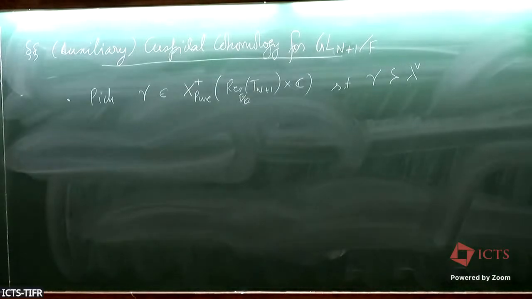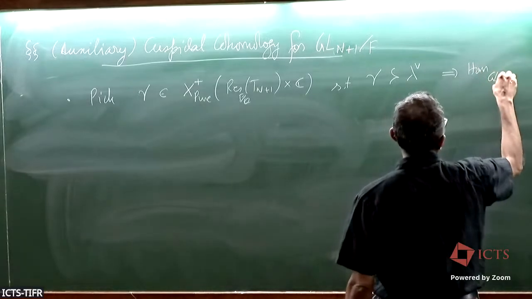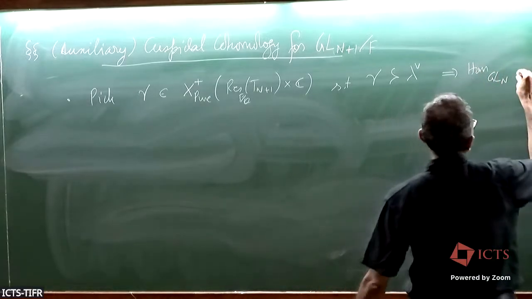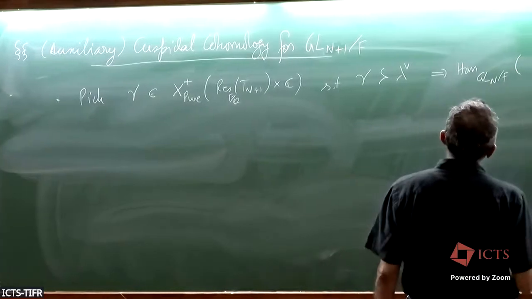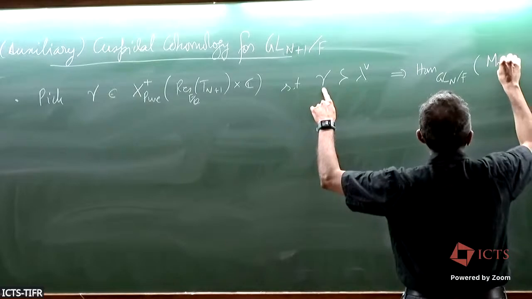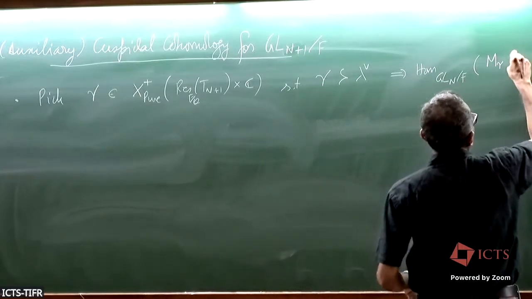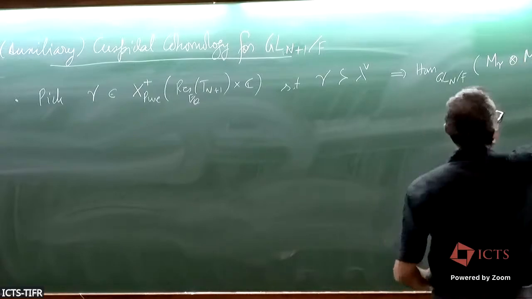I'll just hand wave. Let's say I had GL4, a weight on GL4 interlaces with a weight on GL3 if it goes exactly that way. And this has the property, this is a classical branching law. This means in particular that if I look at GLN for the algebraic group F, intertwining maps from the representation on GL n plus 1 with highest weight gamma, tensor m lambda, from there I can go to the trivial representation.